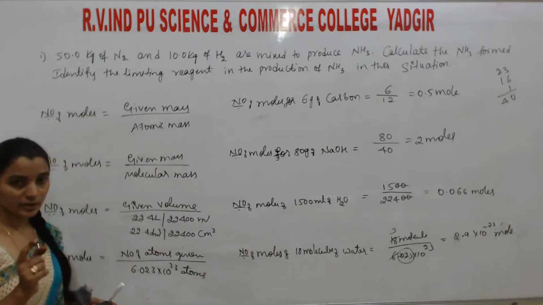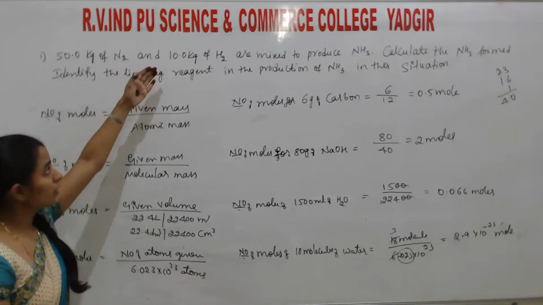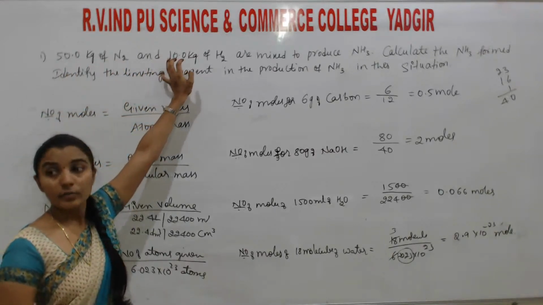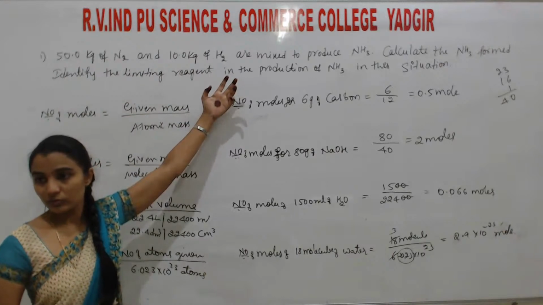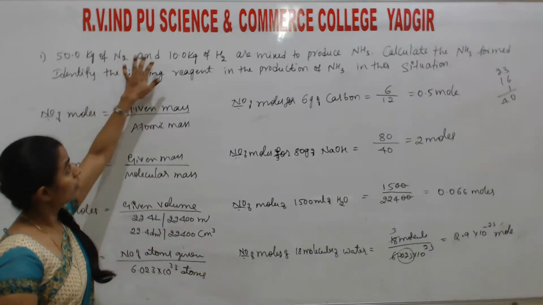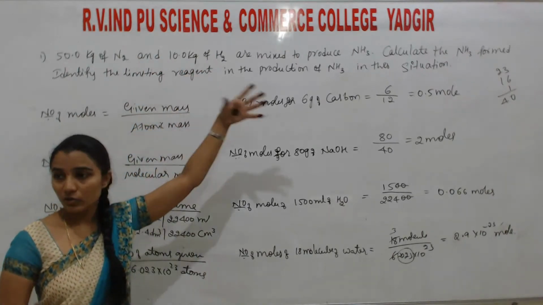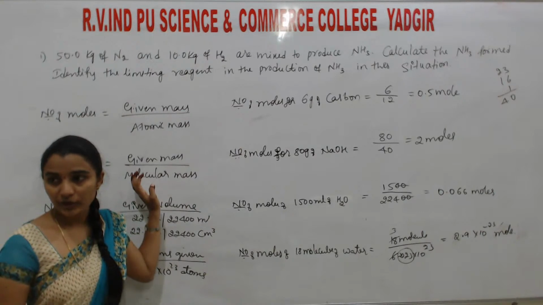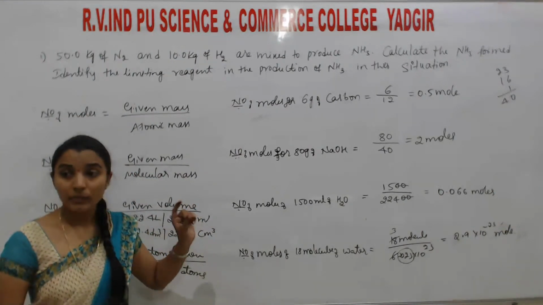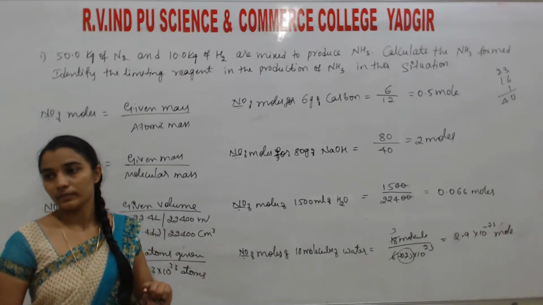So remember always, if any question is there, listen, if they give 50 kg of N2 reacts with 100 molecules of H2. Remember, 50 kg of N2 and 100 molecules of H2. Molecule is different, gram is different. So we cannot compare them, but we can convert them into number of moles. Moles is same.